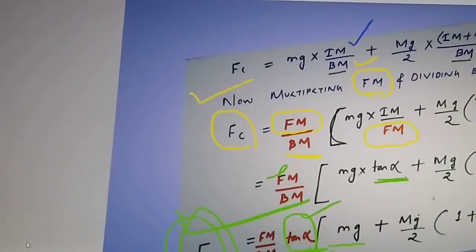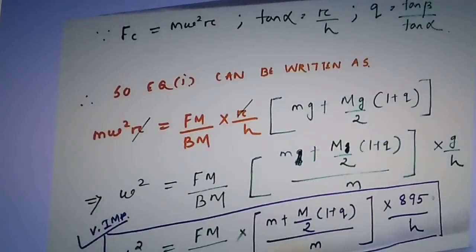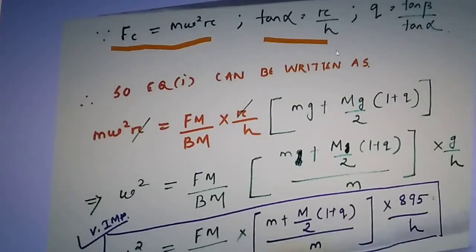So now FC value we have to put m omega square r, tan alpha we have to put r by h, and Q is equal to tan beta by tan alpha. So equation 1 we have to write as follows.